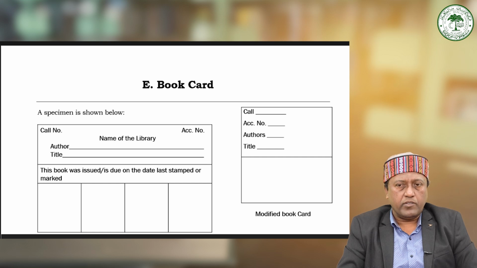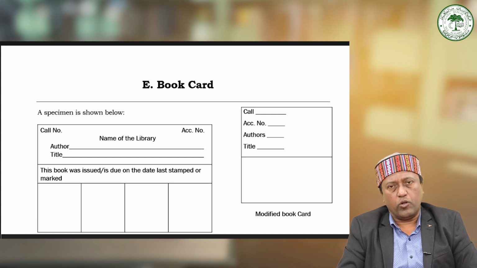Basically, this book card is a printed card measuring about 5 inches into 3 inches and serves as a crucial component in the organization and circulation of library materials. It is inserted into the book pocket, so accordingly the dimensions are fixed, and this card provides essential information about the item, book, or any document. The complete details of the document, call number, accession number, author, title, everything is to be written on the book card.